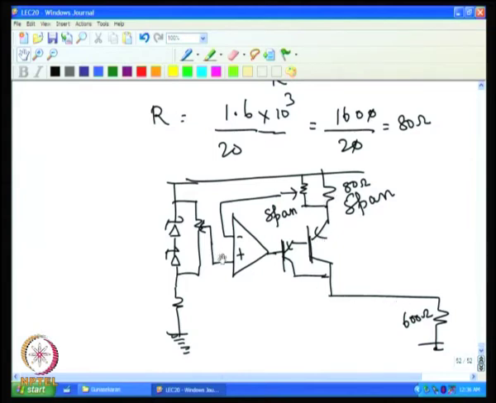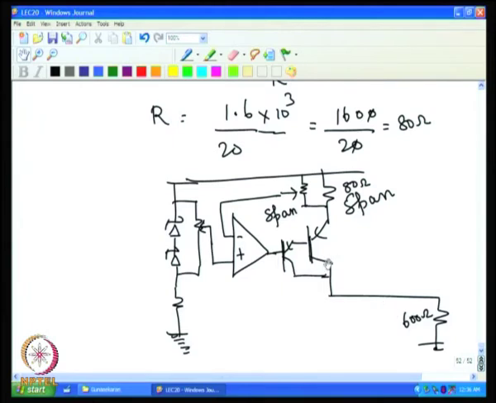But sometimes this difference can go even more. If it goes more, say for example 2 volt, then 2 volt by 80 ohm will give more than 20 milliampere. And if you want to reduce, then you have no way of reducing.